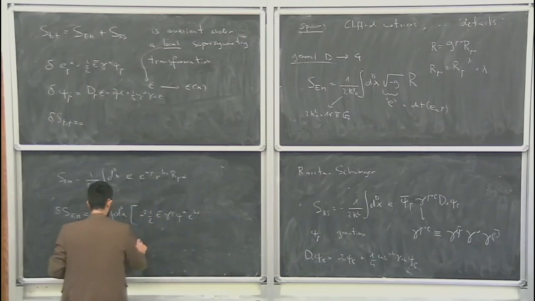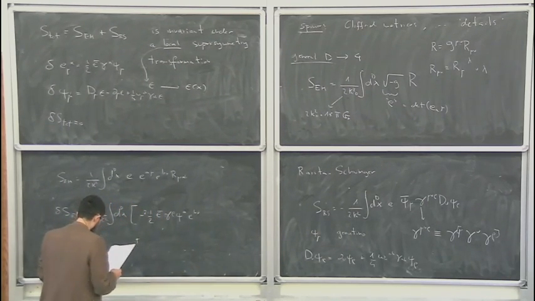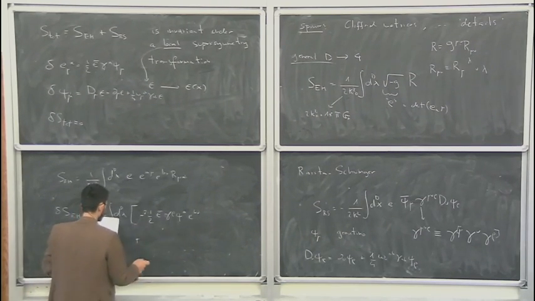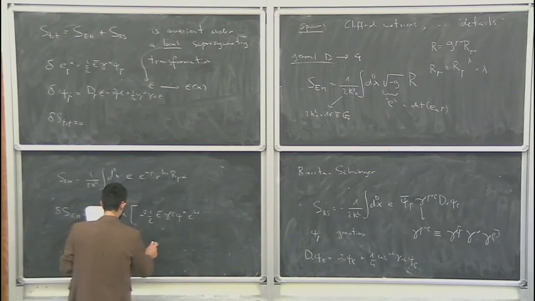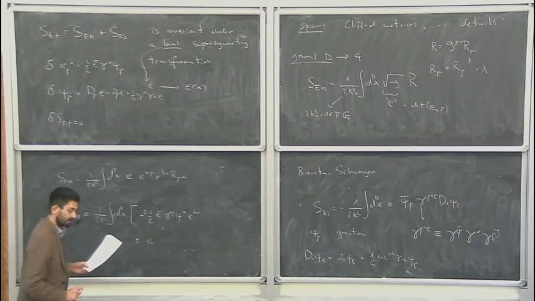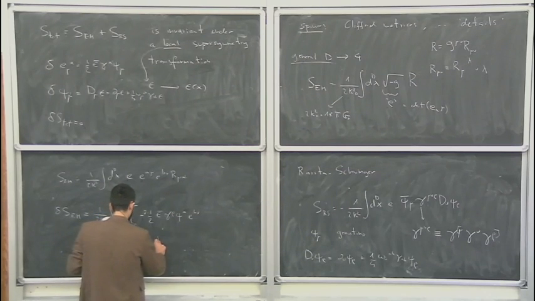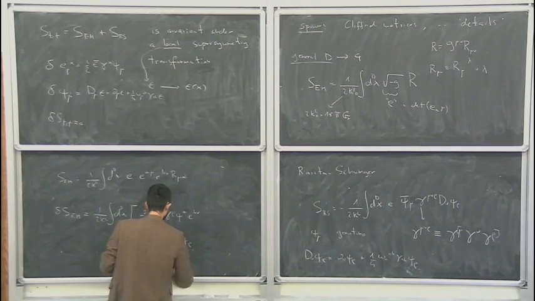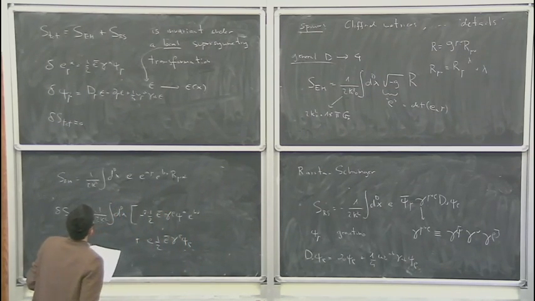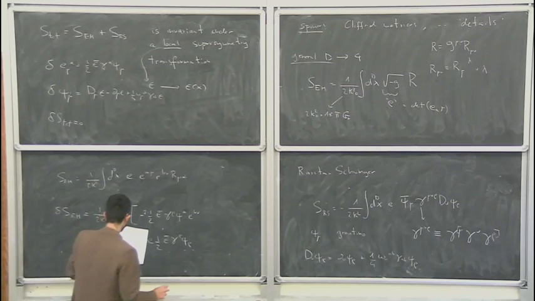Then you have to vary the determinant of the field bind. Again, it's a simple exercise to check that the variation of the determinant of the field bind is proportional to the determinant itself, and it involves this traced version of the variation. Good.